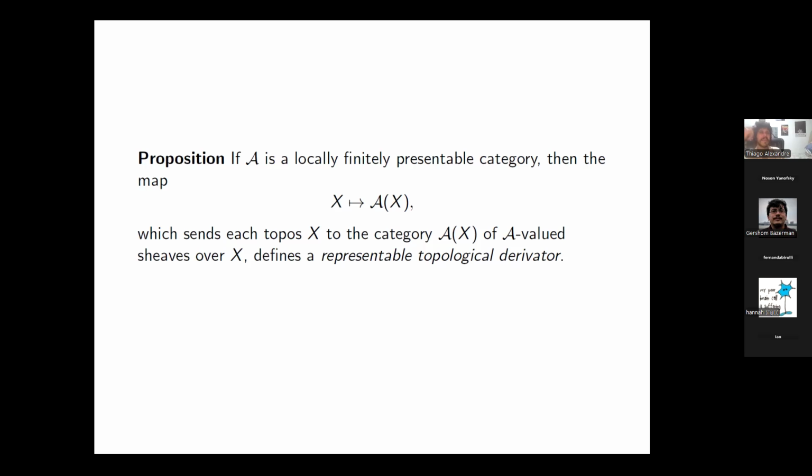There is a point that this works for locally finitely presentable categories because locally finitely presentable categories have a good notion of sheafification for sheaves. That's another important comment here.